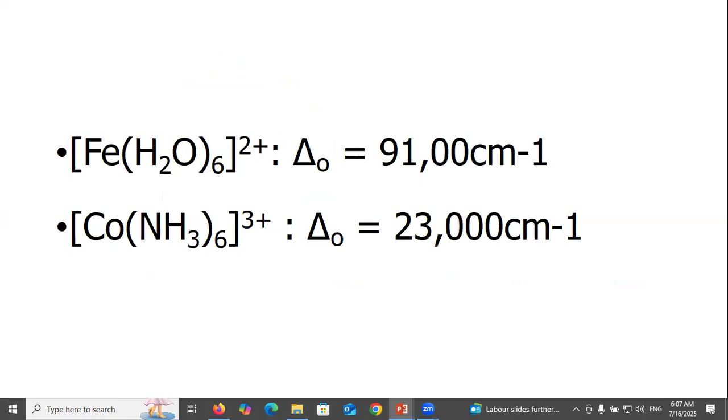Hexaaquairon(II) is 9100 per cm, and hexaamminecobalt(III) is 20,000 per cm.